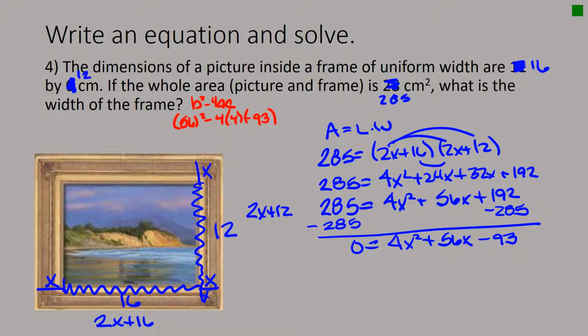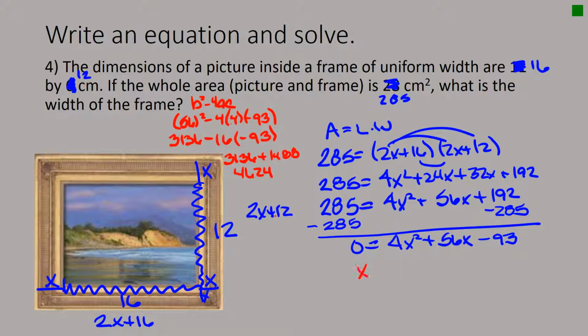So 56 squared is 3,136. 4 times 4 is 16. And we still need to multiply times negative 93. So I get 3,136 plus 1,488, which is 4,624.